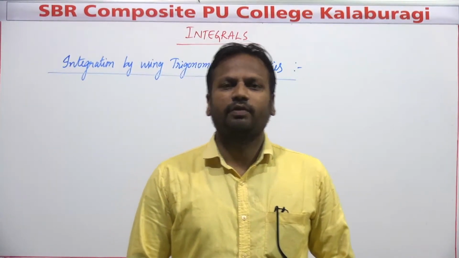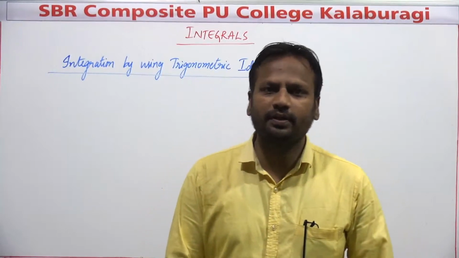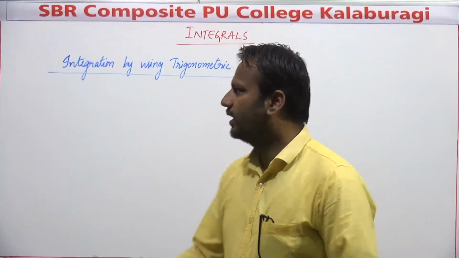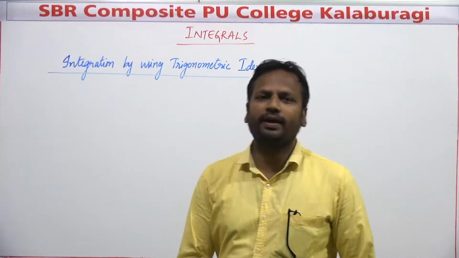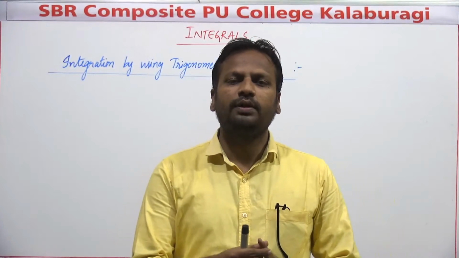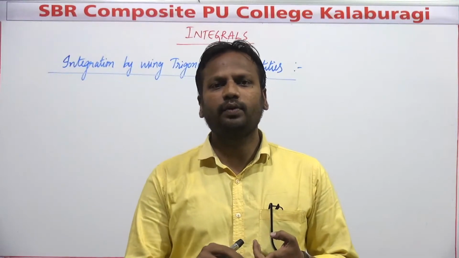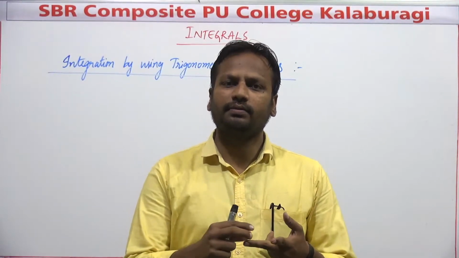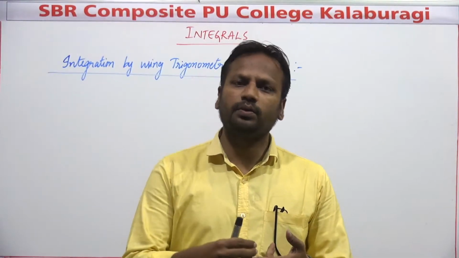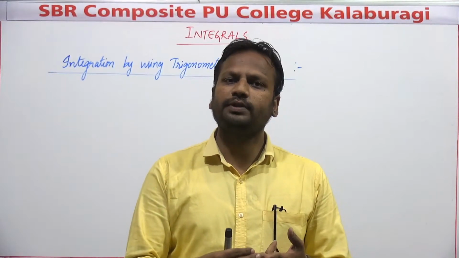Now we are going to discuss the next method of integration, that is, integration by using trigonometric identities. You have come across two exercises: the simple integrable forms, and the integrands which can be transformed into simple integrable forms by using substitution.